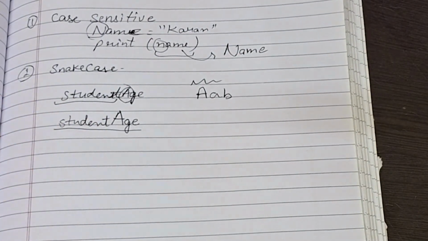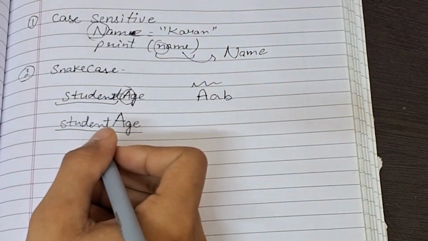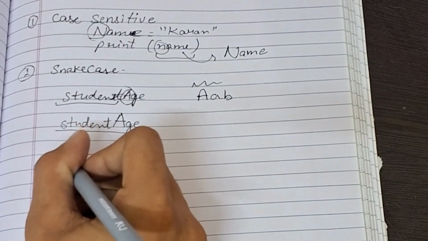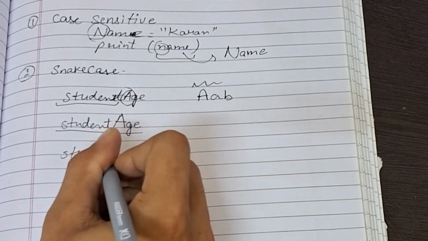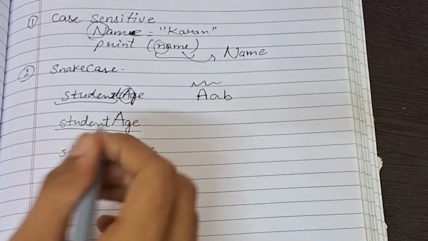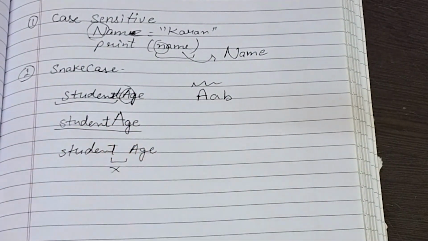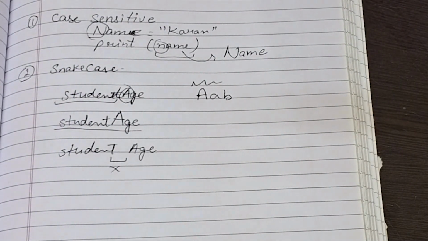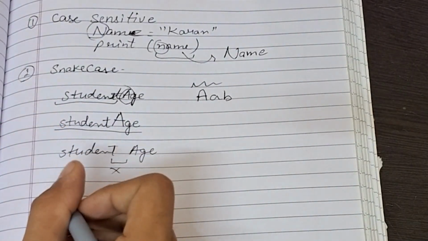And one more thing, you can't provide spaces in variables. So you are not allowed to write like this: student, then there is a space, then you are writing age here. This space is not allowed. This is invalid, so you can't give a space in a variable name. What else you can do is use an underscore.